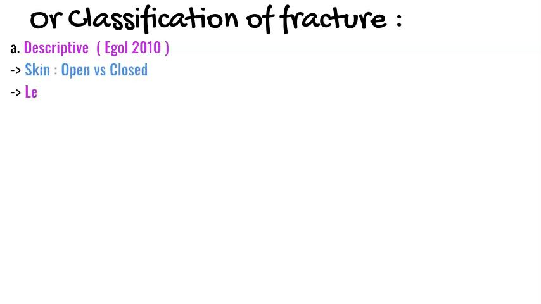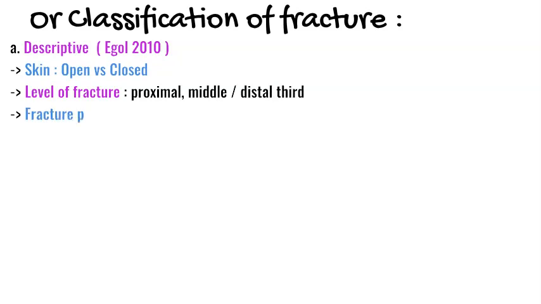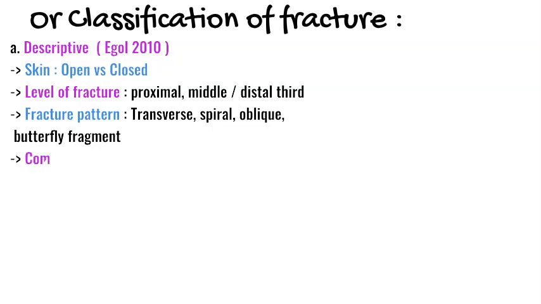We can classify the fracture into A. Descriptive, by Egol 2010: whether the skin is open or closed, the level of fracture, whether it's proximal, middle or distal third, the fracture pattern, whether it's transverse, spiral, oblique or butterfly fragment, the level of fracture comminution, the level of fracture displacement, and the angulation.